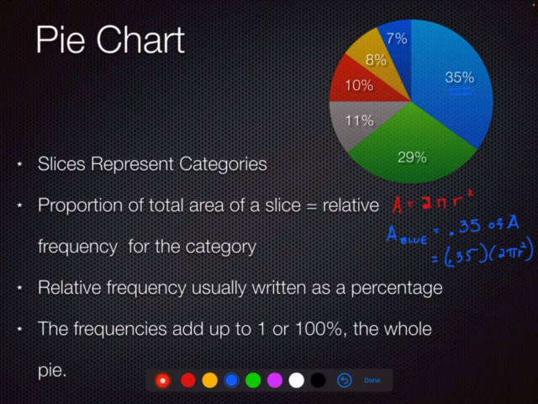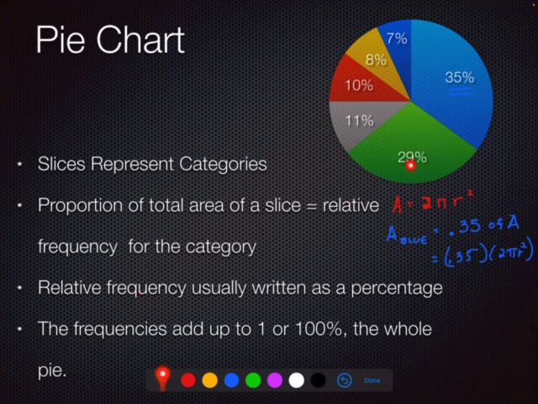So this blue section is actually 35% of the whole entire area. This 29% is 29% of the entire area. So graphically, it is representing these percentages, or those proportions.